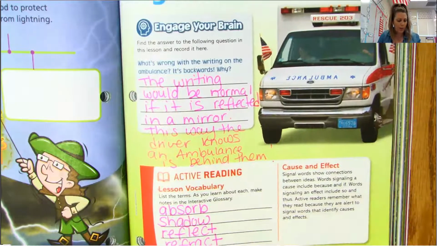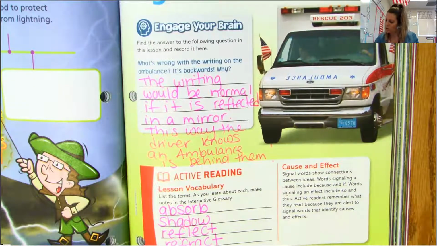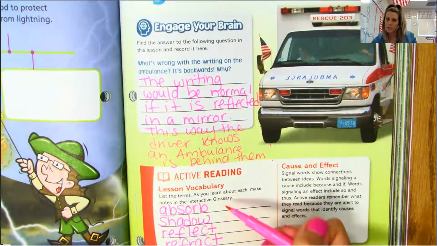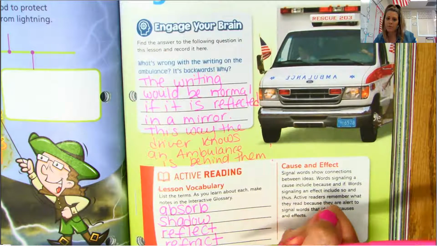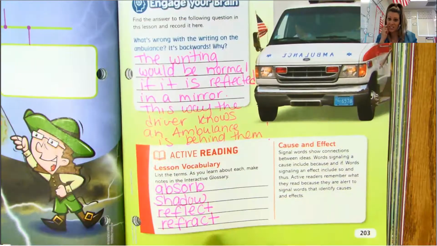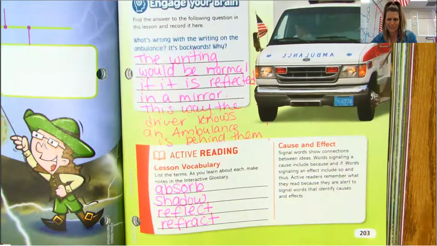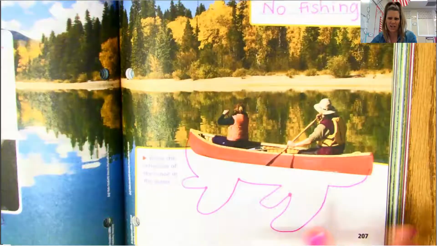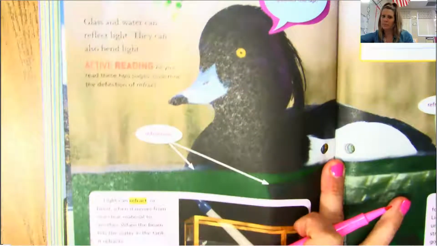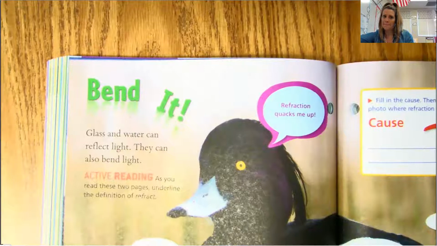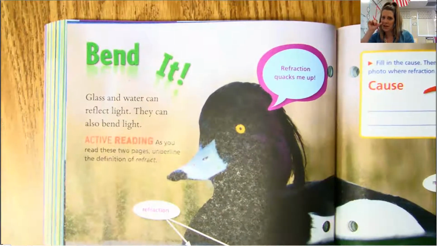And we're going to do one more page today, friends. We've talked about absorb. We've talked about shadow. We've talked about reflect. So that leaves us to refract, which might be an unknown word to us. So we are on page 208. Bend it.